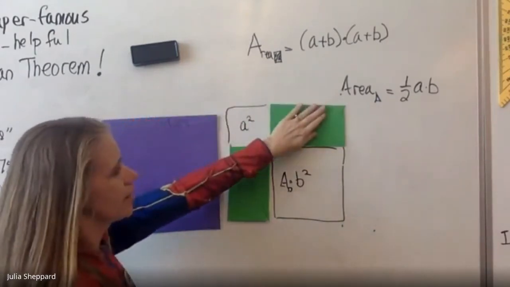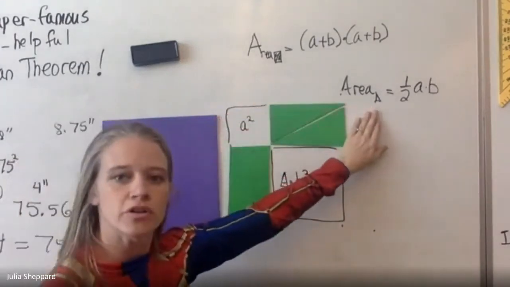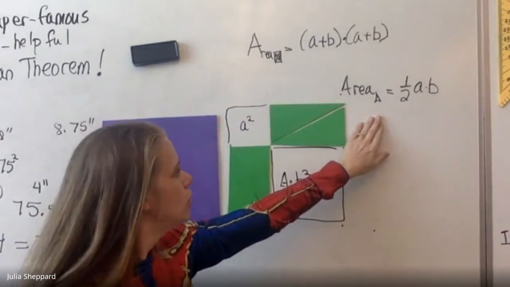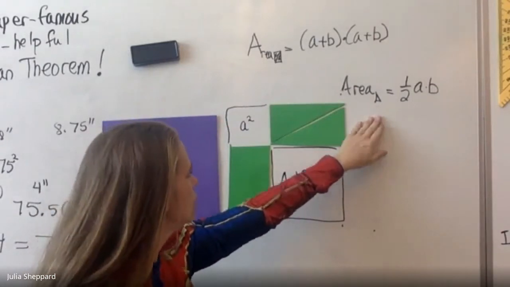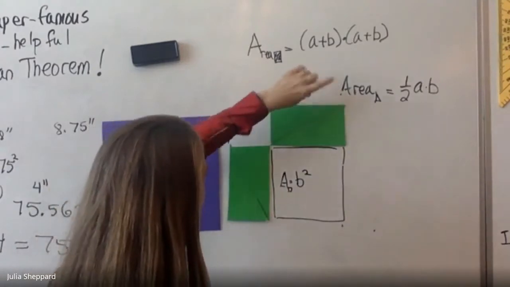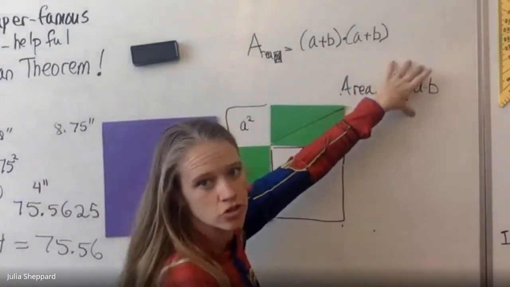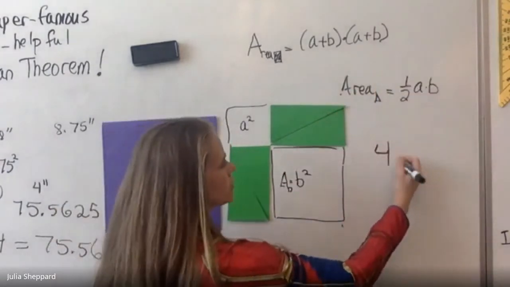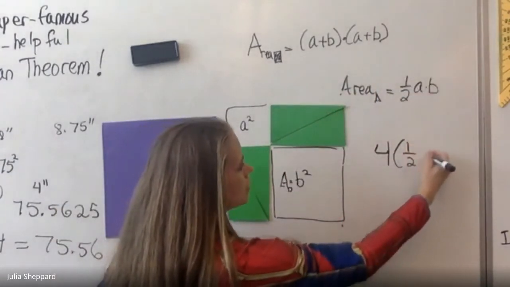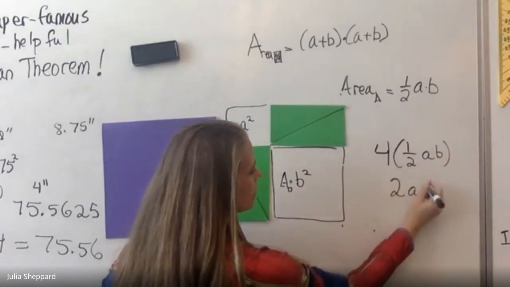Now what is the area of these 4 green triangles? Well, I already know the area of one green triangle, right? So I have 1/2 A times B. I have 4 green triangles, so 4 times the green triangle is 2AB.